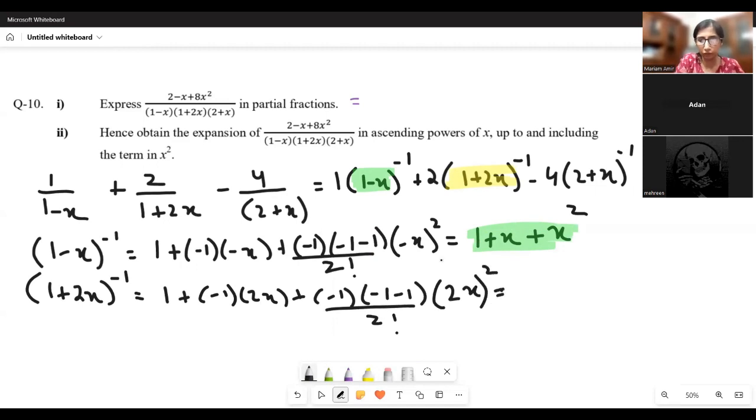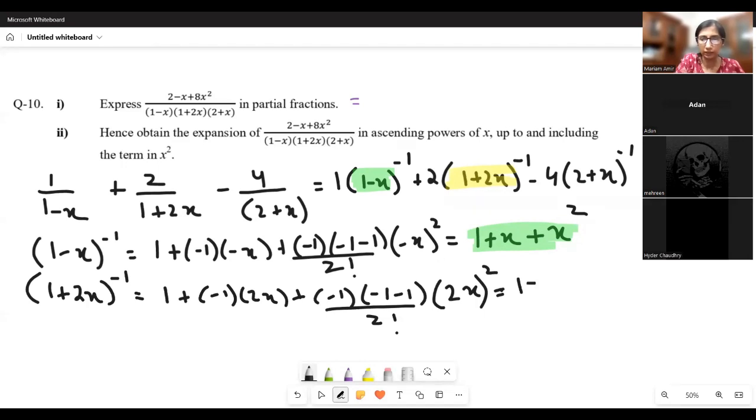Okay, that would give us 1, then minus 2x, and then minus 1 times minus 1 minus 1 times 4 divided by 2 factorial. So that's plus 4x squared. Okay. That is the correct expansion for the second expression.